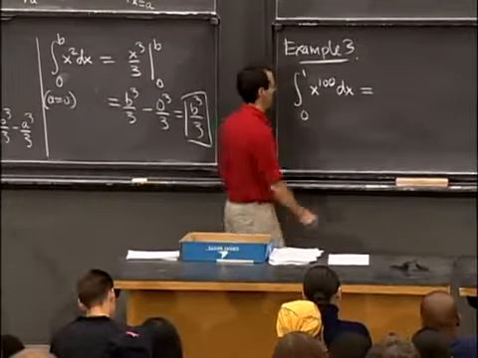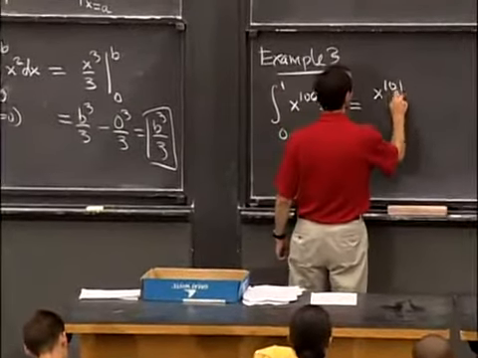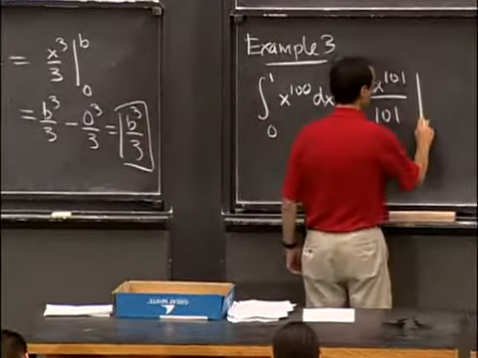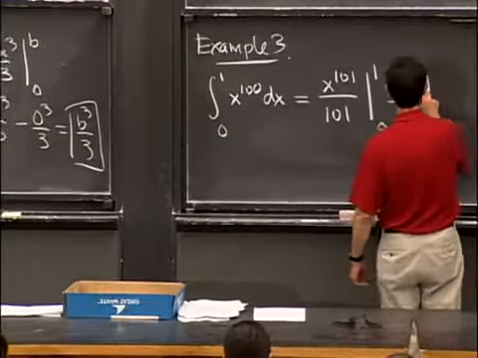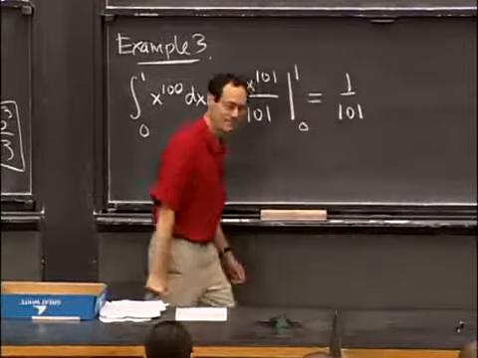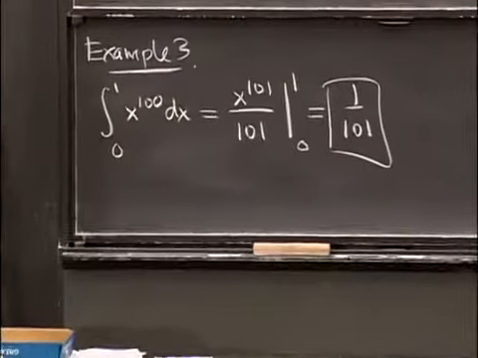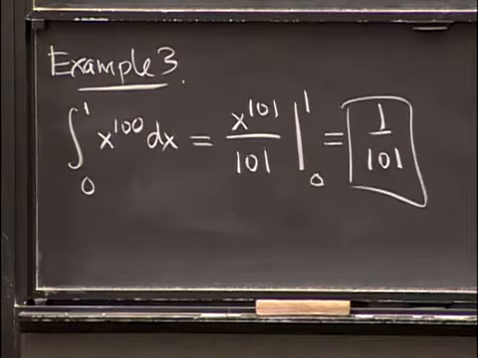So here we have the antiderivative is x to the 101 divided by 101, evaluated at 0 and 1. And that is just 1 over 101. Okay? That's that. All right. So that's the fundamental theorem.